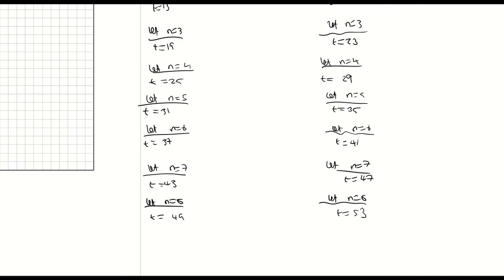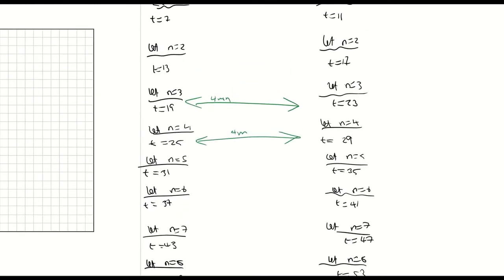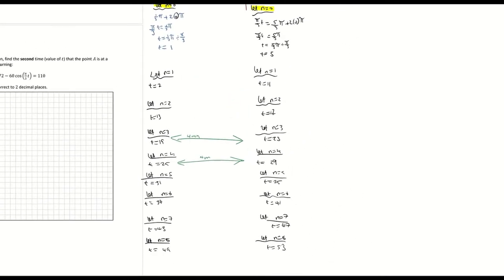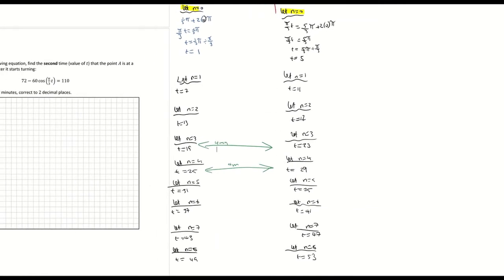Okay, so what does that mean now? You can hopefully see that the gap between each of my times, say between 19 and 23, is 4 minutes. So it's 4 minutes each time. If I zoom out a little bit more, we'll try and visualize that all the way to the 0 here. The gap is 4 minutes between each.